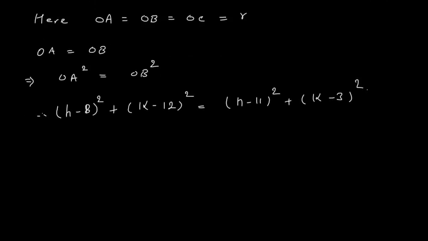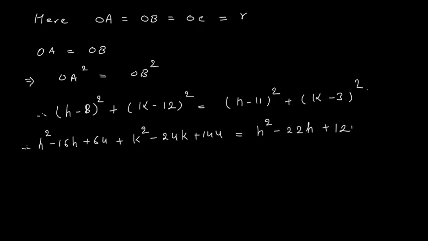Square on both sides and cancel the terms which are equal on both sides, like h square. Minus 16h plus 64. Here it is k square minus 24k plus 144. On the right hand side we have h square minus 22h plus 121 plus k square minus 6k plus 9.